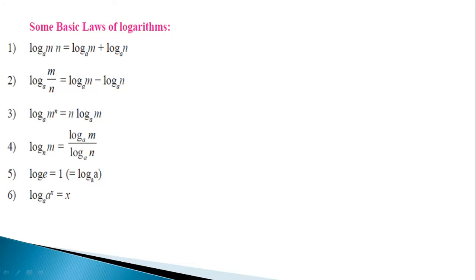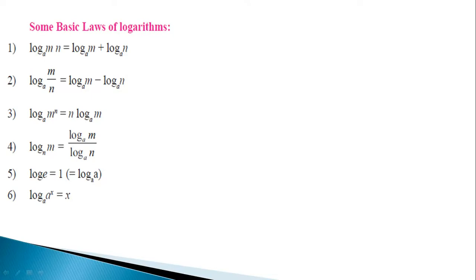By using a certain base, we can write the term log m to the base n as log m upon log n. Similarly, the fifth one is log e. The value of log e is always 1. Whenever we write log e only, the base is always e.